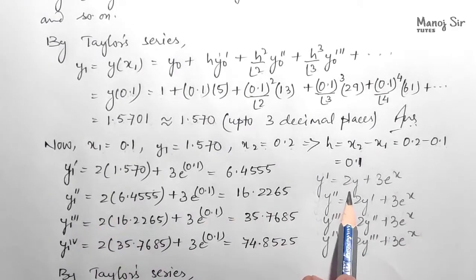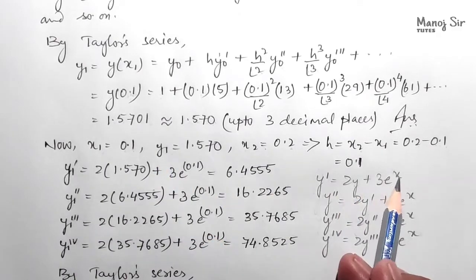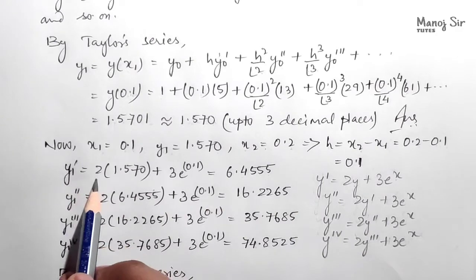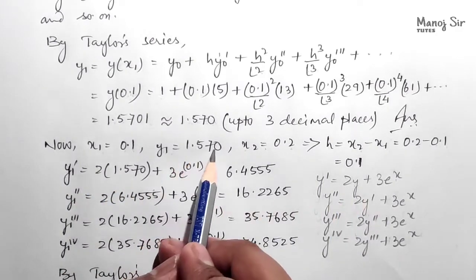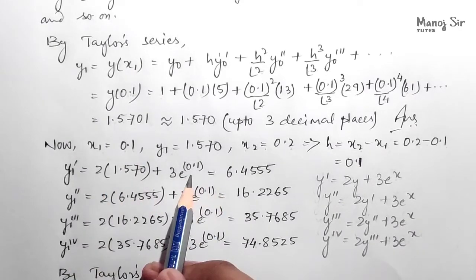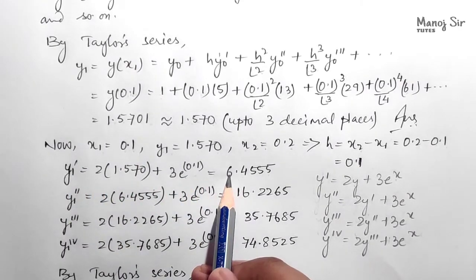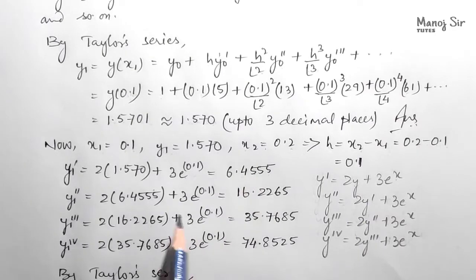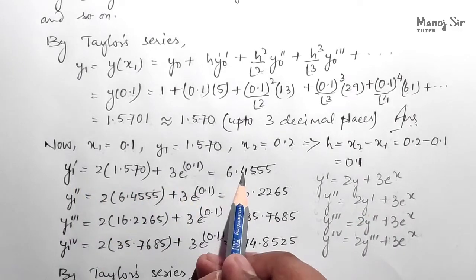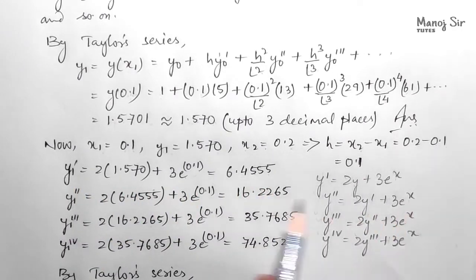Now in place of y we need to put y1, and in place of x we need to put x1. So y1 dash will become 2 into 1.570 plus 3 into e to the power 0.1. On solving this we will get y1 dash equal to 6.4555. To find y1 double dash, we put y1 dash equal to 6.4555, and in place of x we put x1.